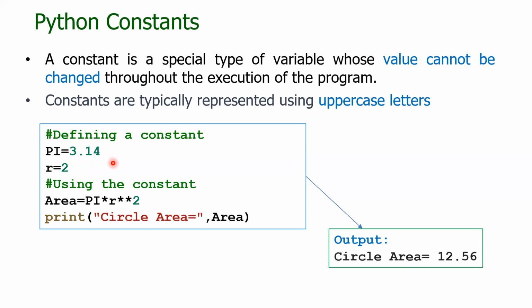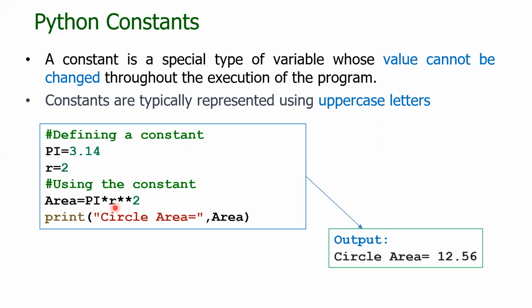For example, here you can define a constant PI equal to 3.14. And of course, r is the normal variable which is assigned the value 2, and you can use the constant again in the later part of the program without modifying it.